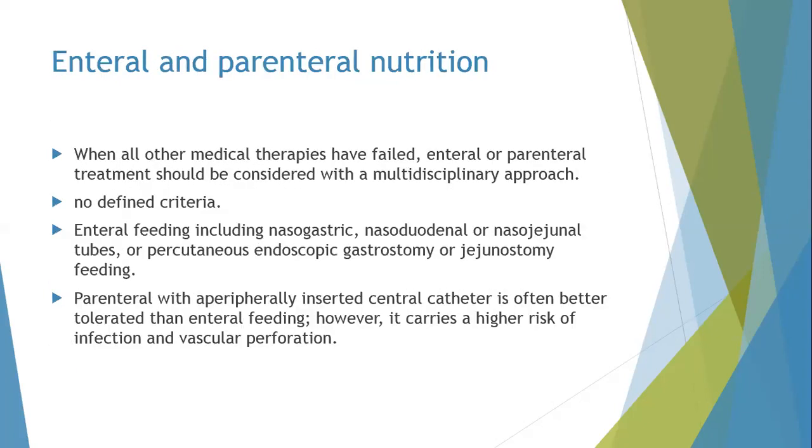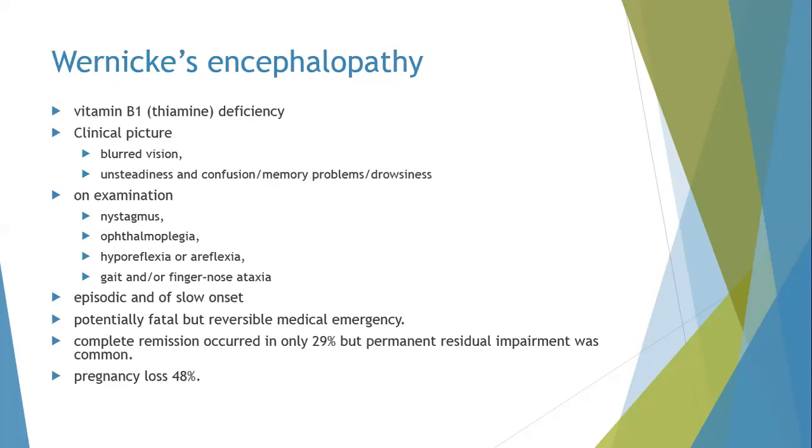Sorry, first, Wernicke's encephalopathy. It is vitamin B1, thiamine, deficiency. Clinical picture: blurred vision, unsteadiness, confusion, memory problems, drowsiness. There are no seizures with Wernicke's encephalopathy, and this was a question before.